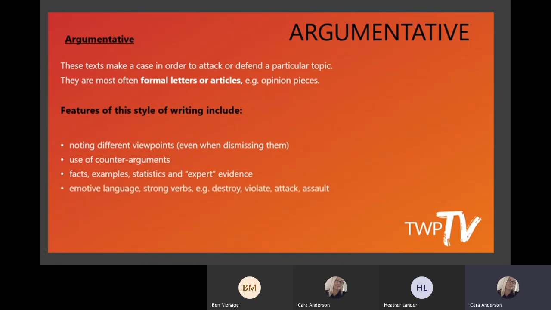Again, the emotional language, your strong verbs like destroy, violate, attack, assault. They're very harsh words that are going to be very argumentative. Again, they're going to be very opinionated. Appeals to popularity and authority.